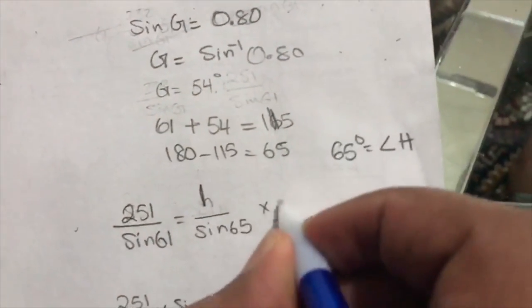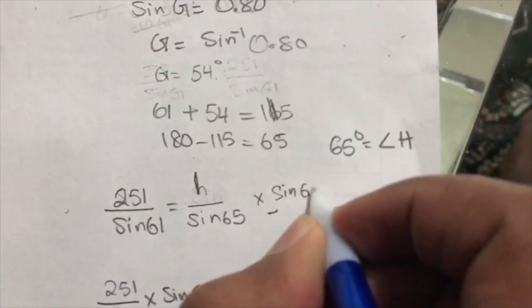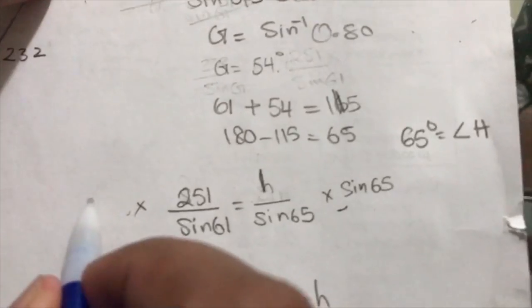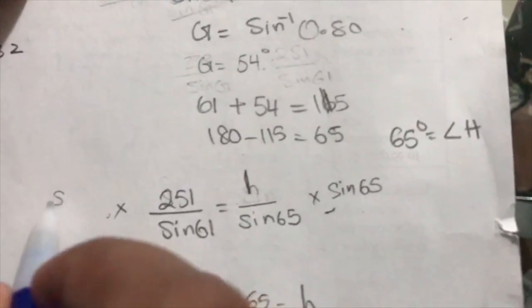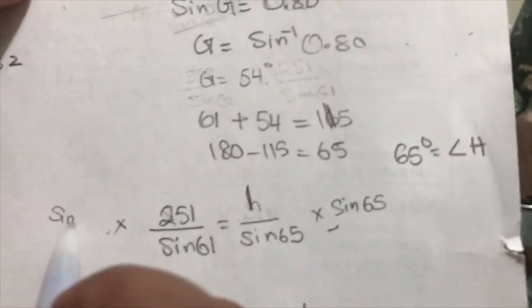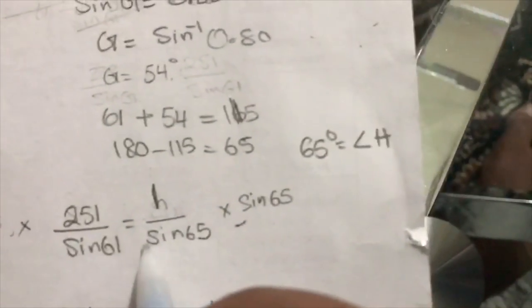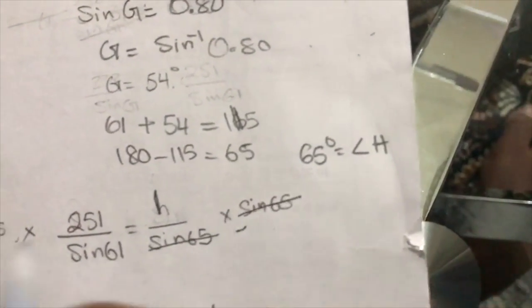After I do that, I will multiply this bottom part like this, and I will multiply by this side as well, sine 65. This cancels out with this.